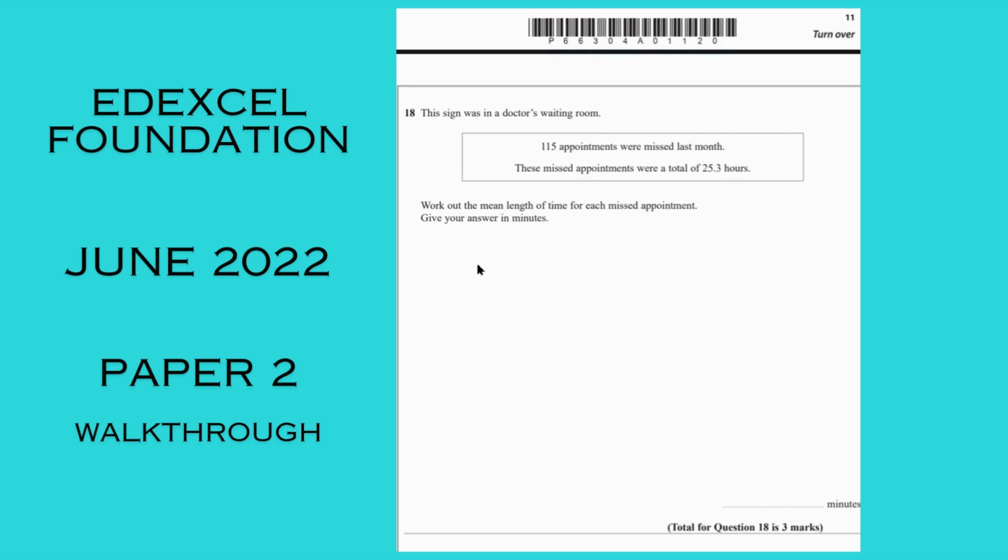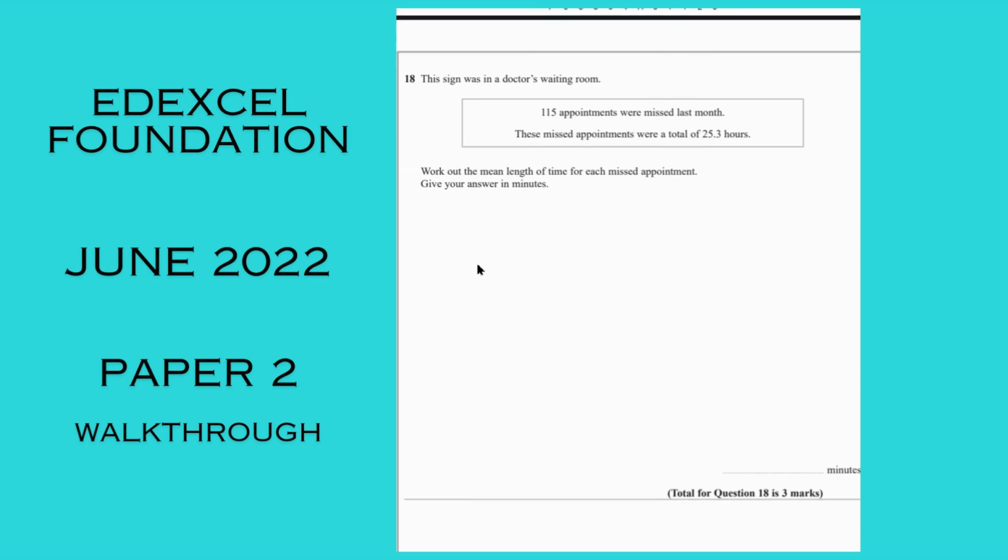Number 18. Doctor's waiting room, 115 missed appointments. Alright, just to be careful, as you can see, hours, minutes, don't get caught out. So, there were 25.3 hours.